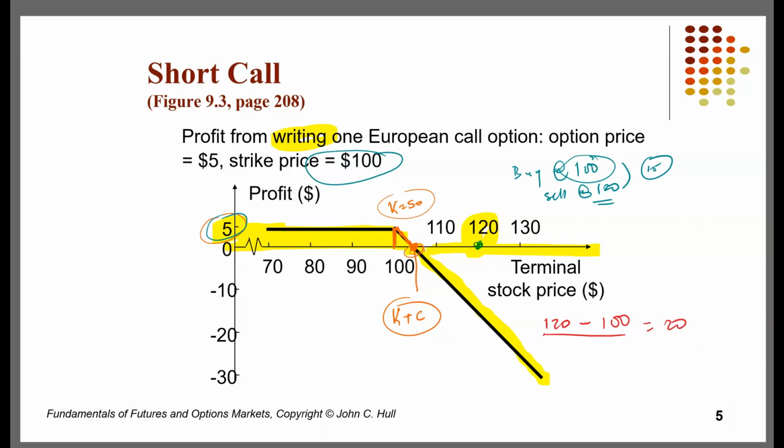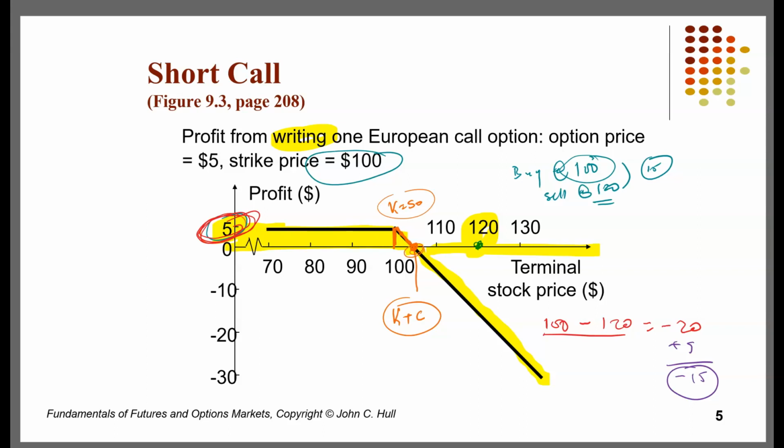But they've earned a premium early on of $5. So it's going to be 100 minus 120, which shows that they are losing $20. But they've earned a $5 premium here, so we add that $5 back, and that means that they effectively lost $15 only on the option.